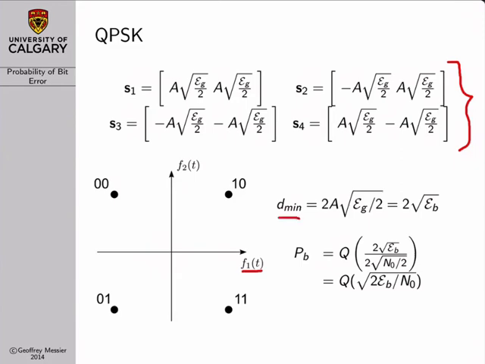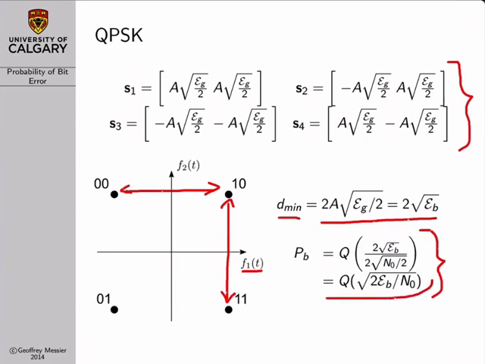And so dmin is the same in both the x direction and the y direction. So dmin is the same for both of the modulators. And that minimum distance is given by this expression. And when we substitute that into the generic probability of error expression, we get a final result that is equivalent to conventional BPSK.